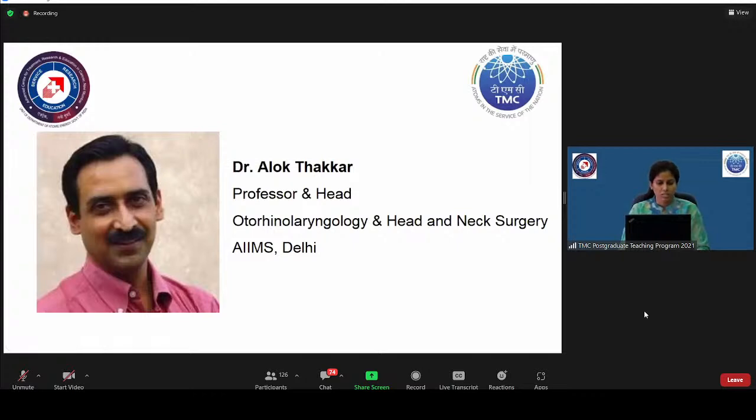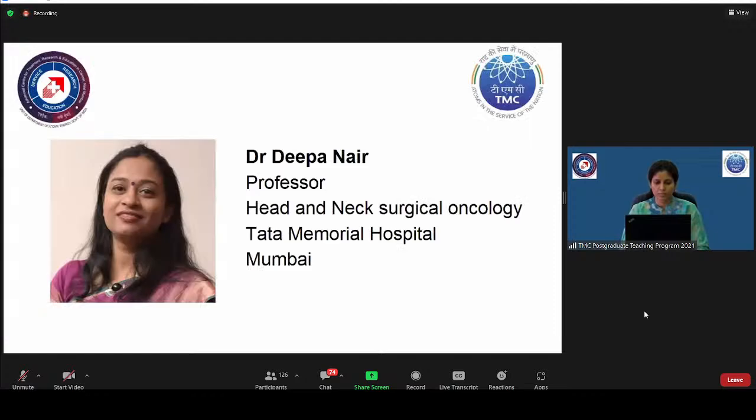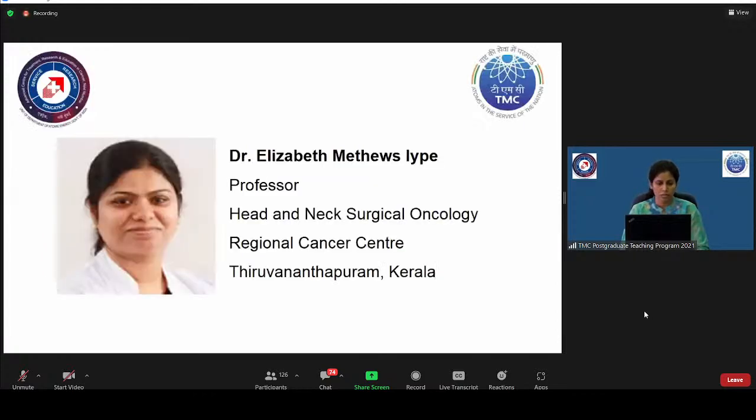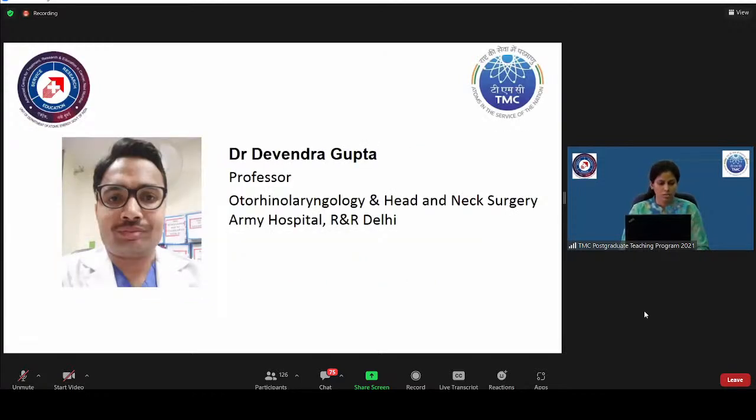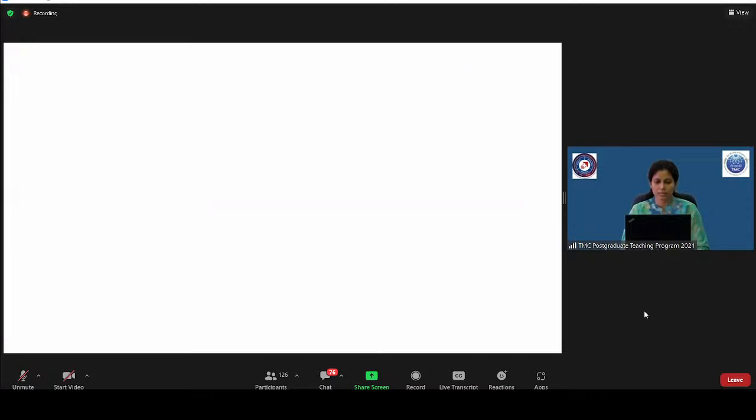The experts for this session are Dr. Alok Thakkar, professor and head, otorhinolaryngology and head and neck surgeon, AIIMS, Delhi; Dr. Deepa Nair, professor, head and neck surgical oncology, Tata Memorial Hospital, Mumbai; Dr. Elizabeth Matthew Aipe, professor, head and neck surgical oncology, Regional Cancer Center, Thiruvananthapuram, Kerala; and Dr. Devendra Gupta, professor, otorhinolaryngology and head and neck surgery, Army Hospital R&R, Delhi.